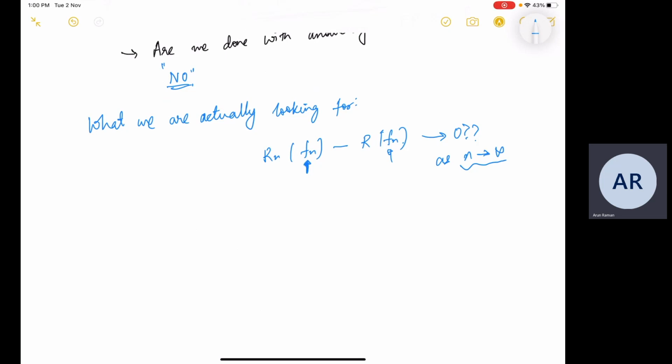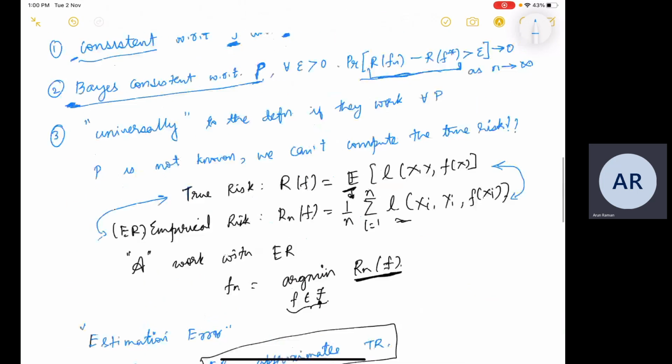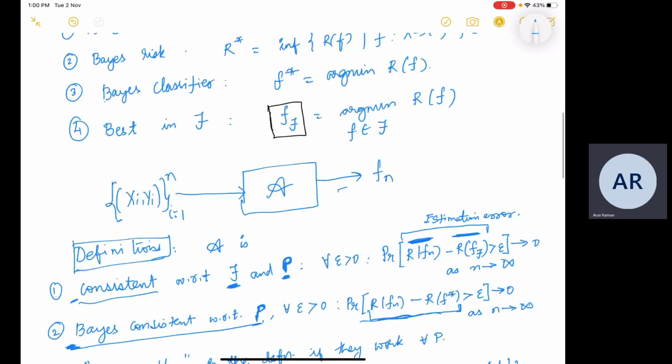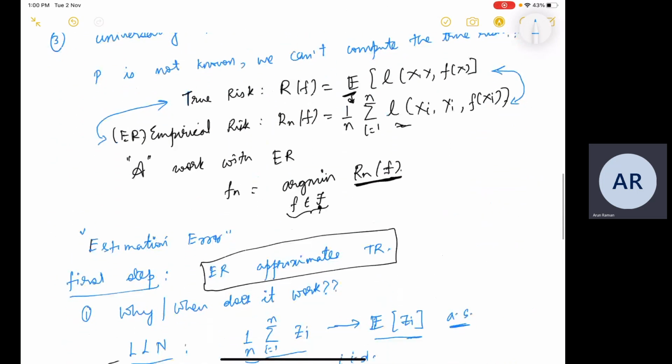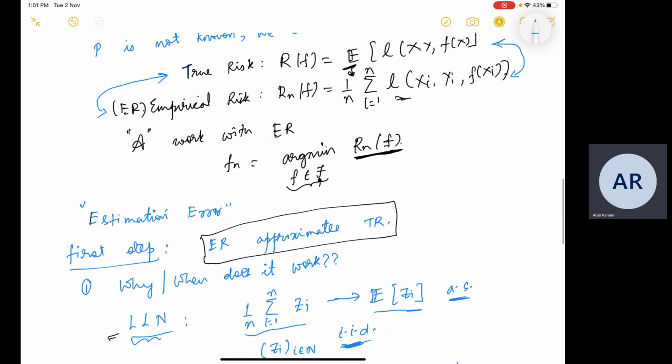Okay, so as n tends to infinity, at every time step our function is also changing, because our algorithm is minimizing the empirical risk. As we already mentioned, with every data point our algorithm minimizes the empirical risk and gives a function fn.